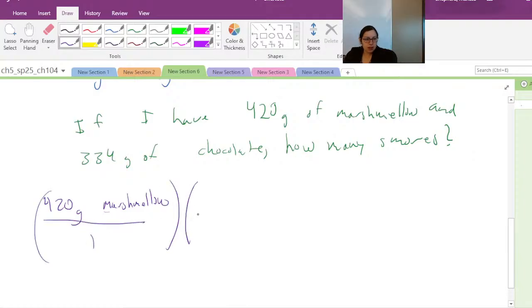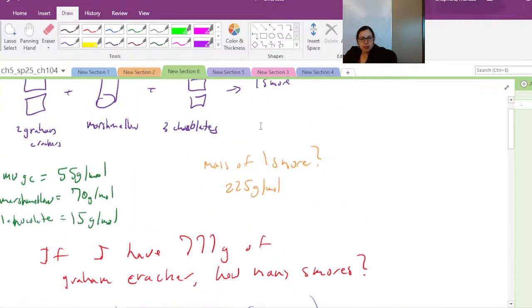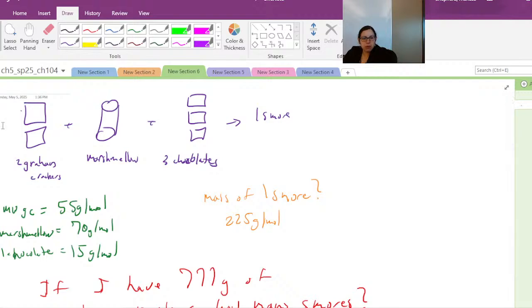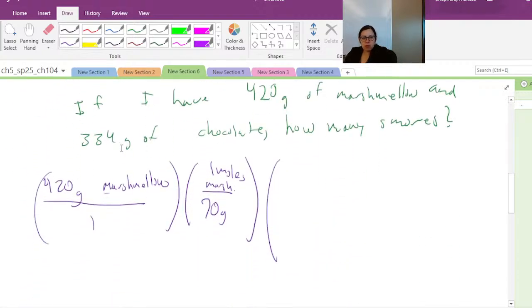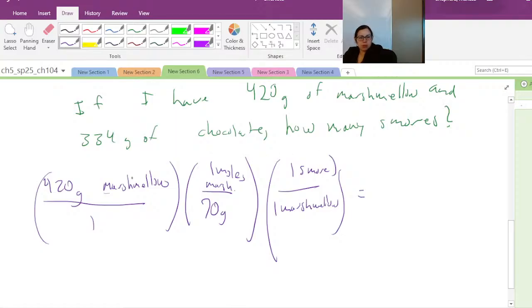So now I'm dividing by the molecular weight, so 70 grams in 1 mole of marshmallow. And then again, back to our balanced equation. For every 1 s'more, we need 1 marshmallow. So how many s'mores did y'all get from this 420 marshmallows?